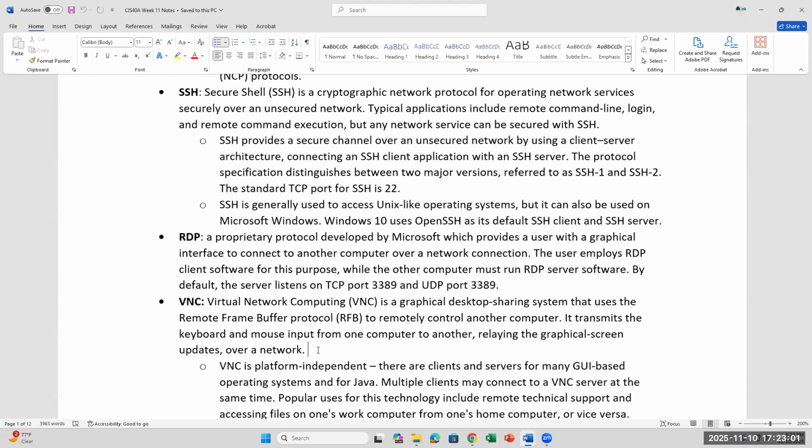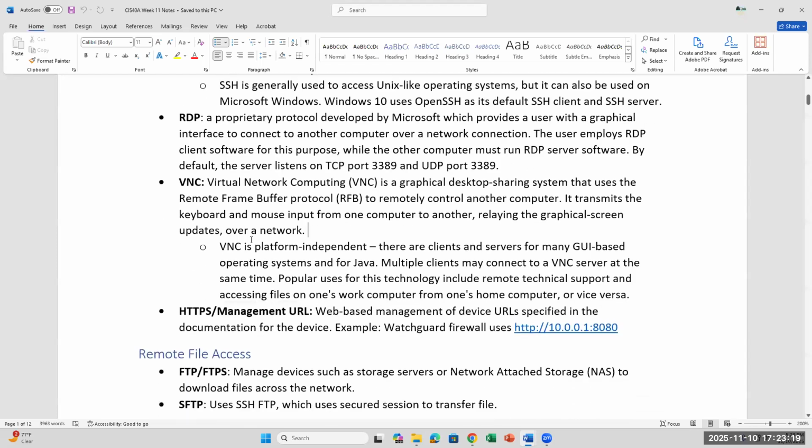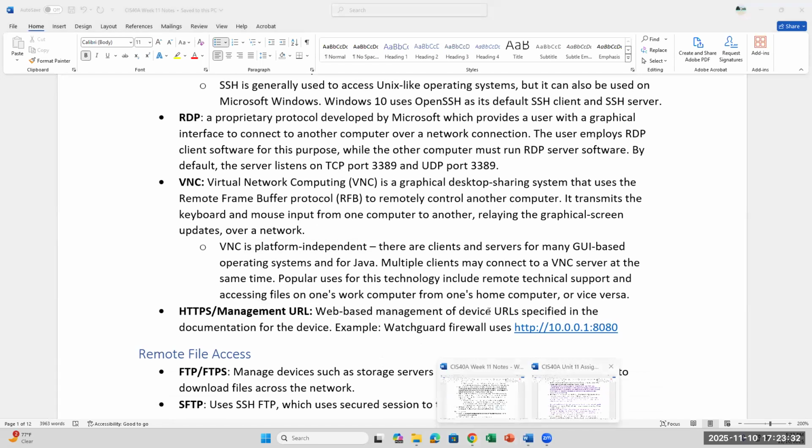As you know, Raspberry Pi already has this installed. It also has SSH, so if I don't use SSH, I can use VNC. It allows me to access the desktop remotely, similar to what you see with TeamViewer or other desktop applications. So it is platform independent, which means we can use it across platforms, and it is built with Java. Okay. And then you can also utilize a web-based type of environment.